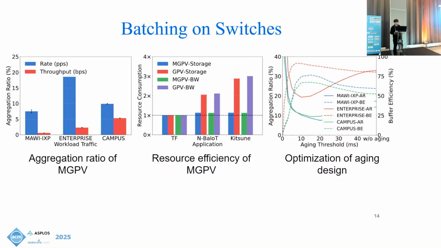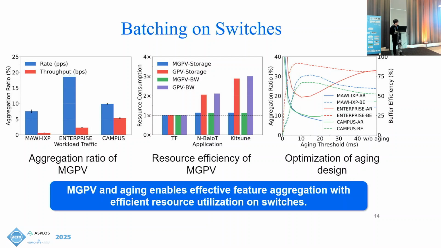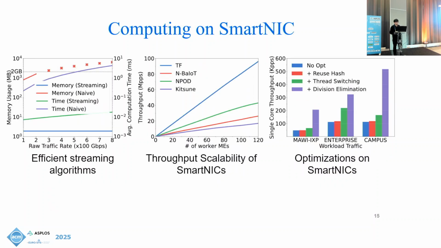To show the effectiveness of feature batching on switches, we conduct various experiments to evaluate the aggregation ratio of our new data structure MGPV, resource efficiency of MGPV, and optimization of aging design. As we can see, MGPV and aging enable effective feature aggregation with efficient resource utilization on switches.